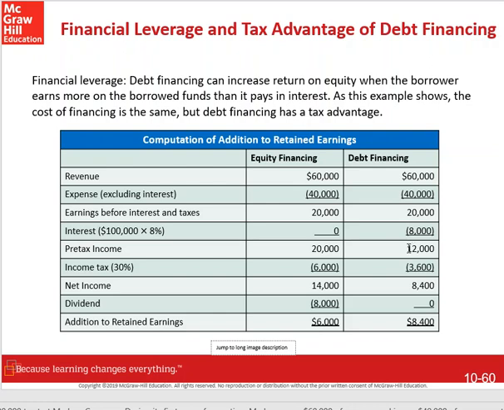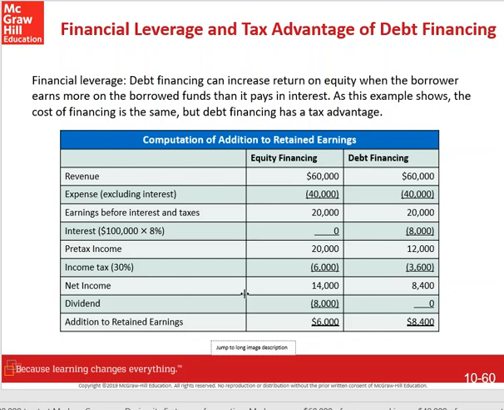Well, now it's time to pay taxes. Well, as a business owner, would you rather pay taxes on $20,000 or $12,000? You've got to pay 30% tax. So 30% tax on $20,000, you have to pay $6,000 to the government. 30% on $12,000, though, you're only paying $3,600 now in tax to the government.